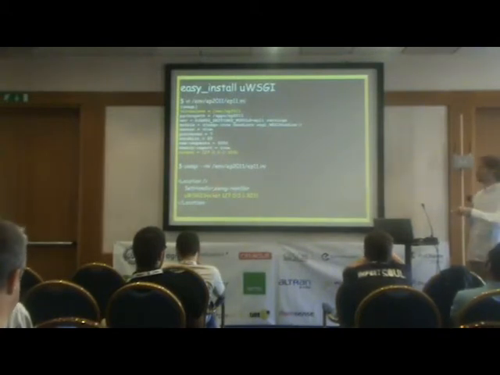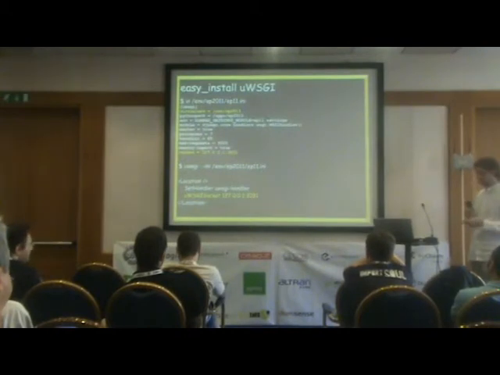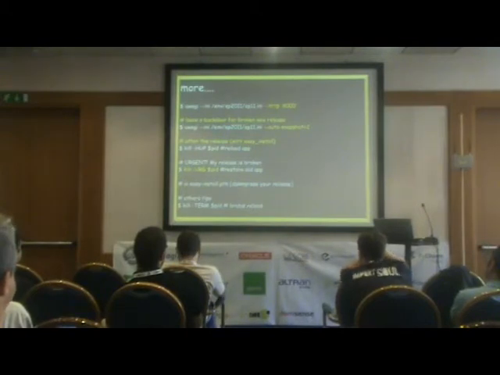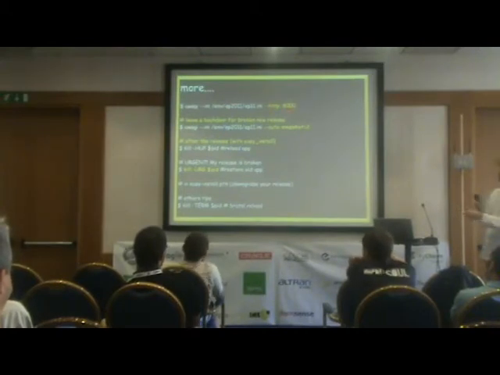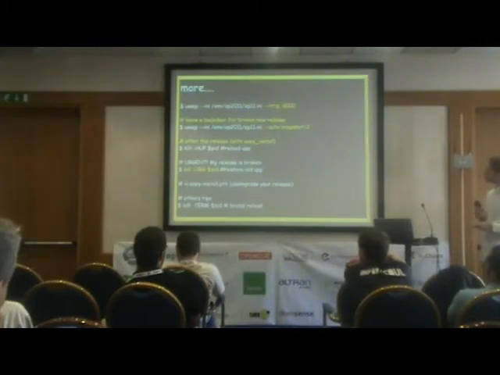This is the simple configuration for the location in Apache. Another tip when using uWSGI is that you can run it without Apache for development, just telling it which is the HTTP port.